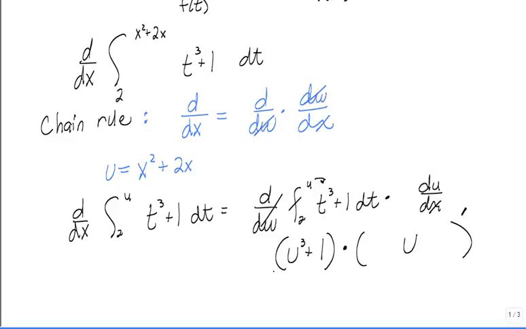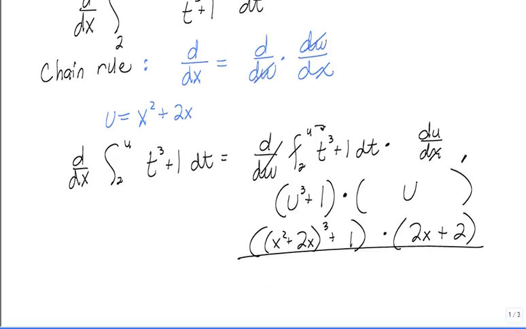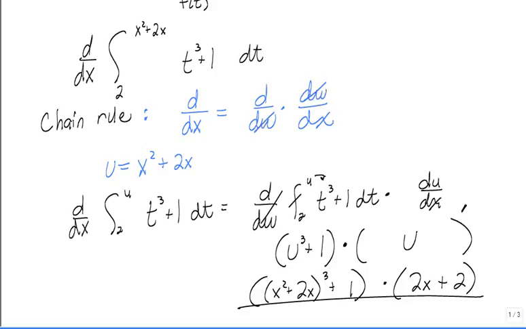So going back to x, u is the same as x squared plus 2x, cubed plus 1, times the derivative of u. And that's our final answer. So the point is, you're going to substitute in your upper limit. If it's a variable, you substitute that in and then multiply it by u prime. So don't forget to take the derivative there.